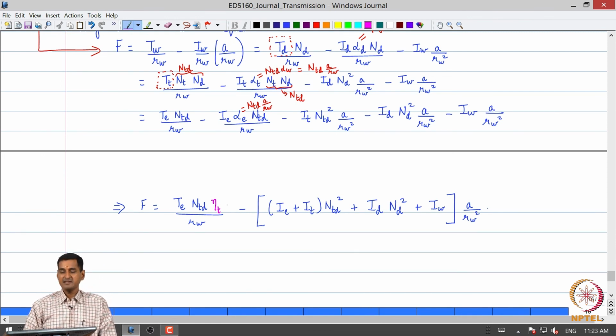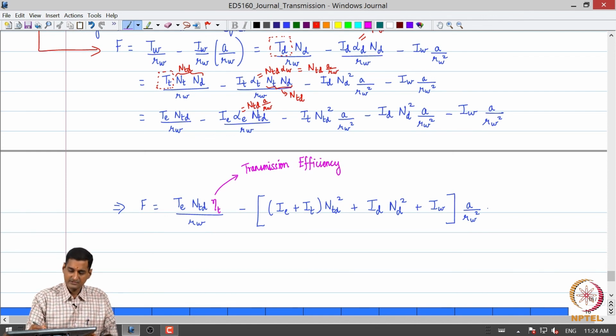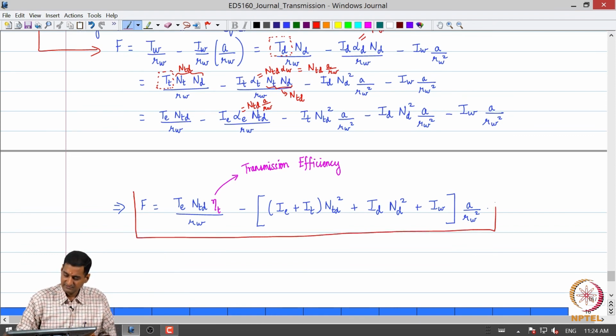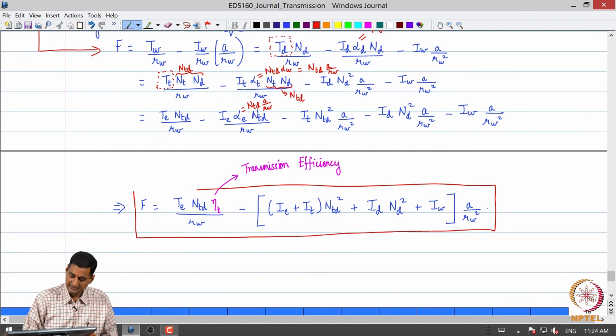So, as I discussed, we lump all the frictional losses, right, as a transmission efficiency. So, at this point we introduce a parameter eta t, which is nothing but the transmission efficiency. So, we introduce it here and this is what we would get.